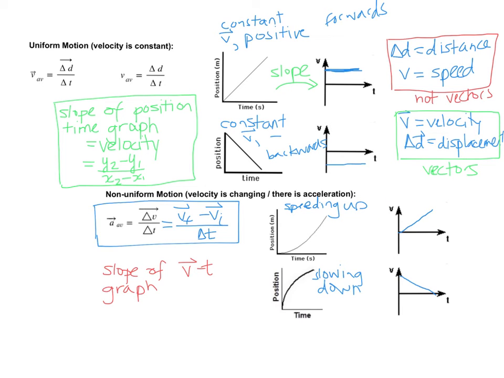So that is actually my acceleration. Don't confuse this with the slope of a position time graph. But if I take the slope of a velocity time graph, it would tell me my acceleration.